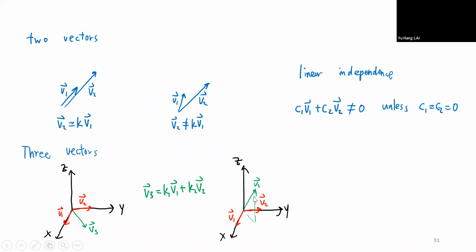So this V3 is not on the xy plane. This V3 is somewhat pointing up. It has all three components: x component, y component, z component.